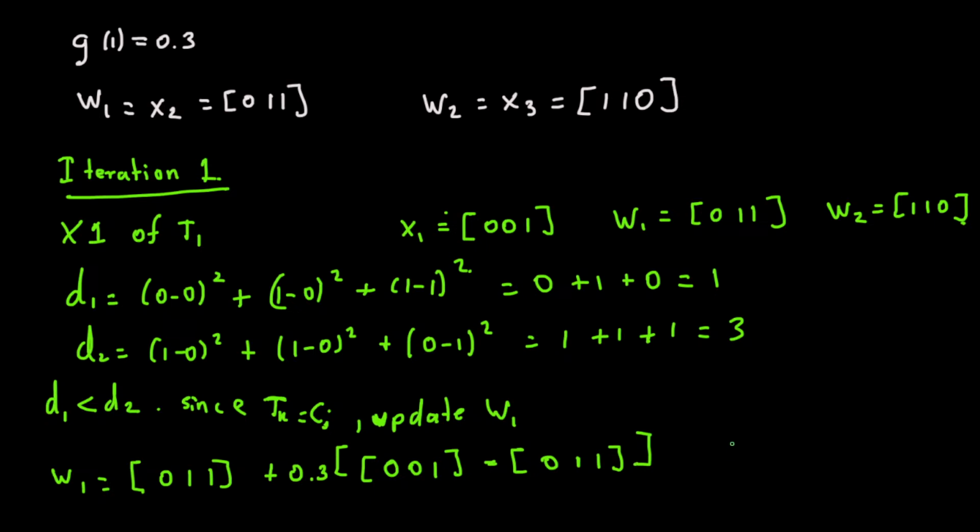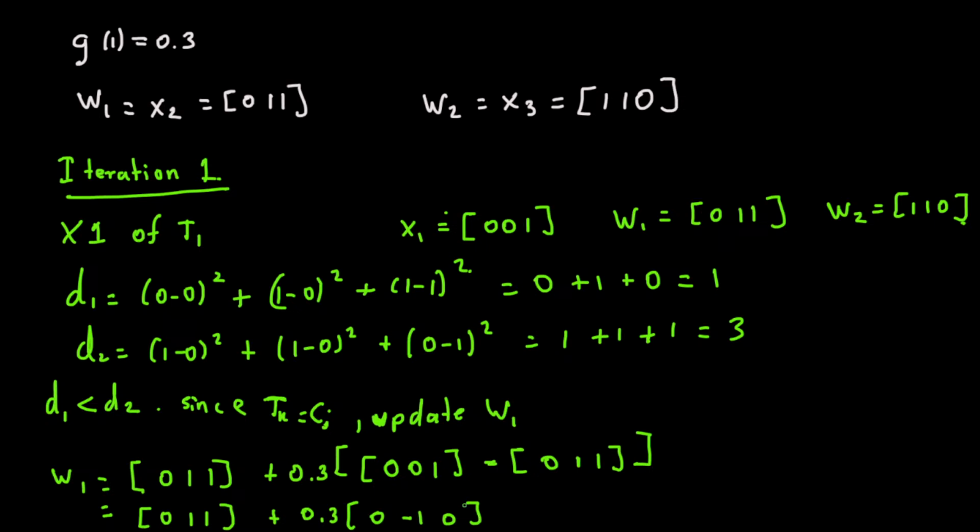Let's simplify this one. I had to do the difference and multiply. This one we can keep as it is for now, and then here this is 0.3 times 0 minus 0, which is 0, then 0 minus 1, which is -1, and then 1 minus 1, which is also 0, and then this 0.3 multiplied here becomes -0.3 right here.